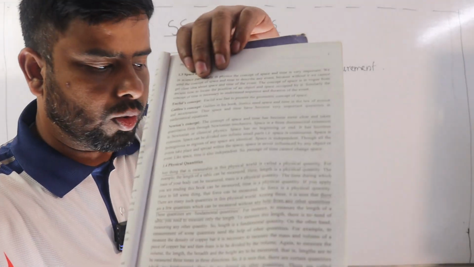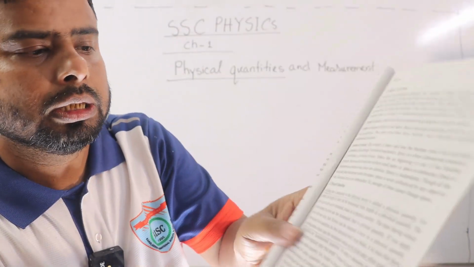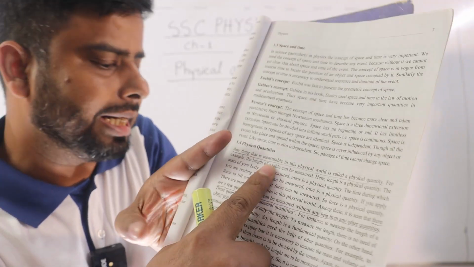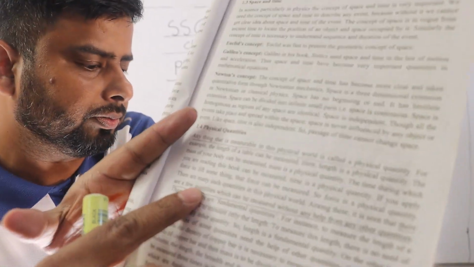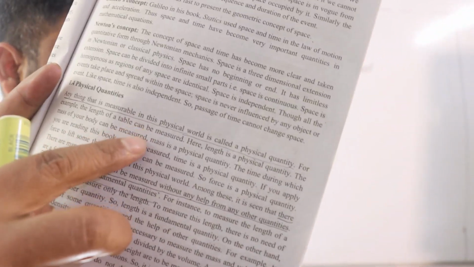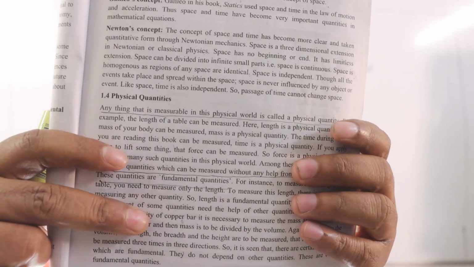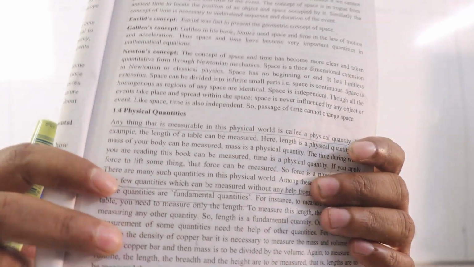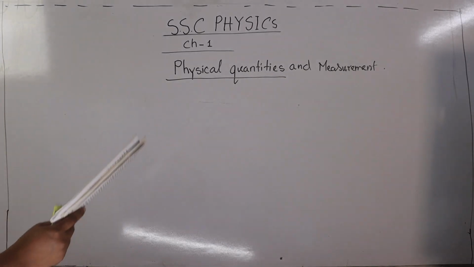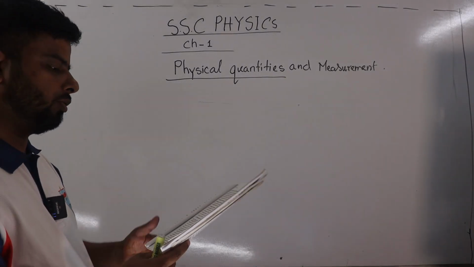Look at your book. Anything that is measurable in this physical world is called a physical quantity.